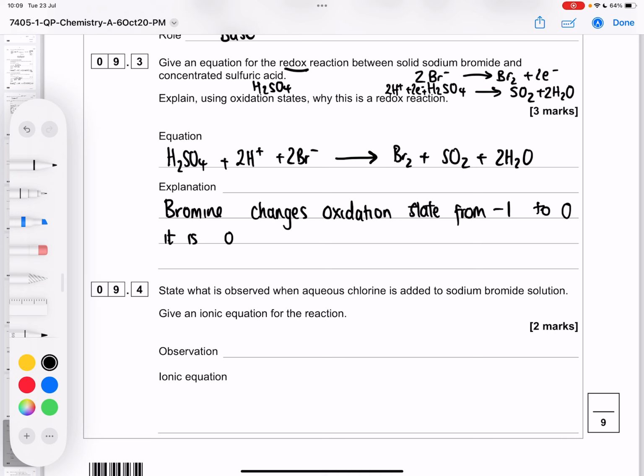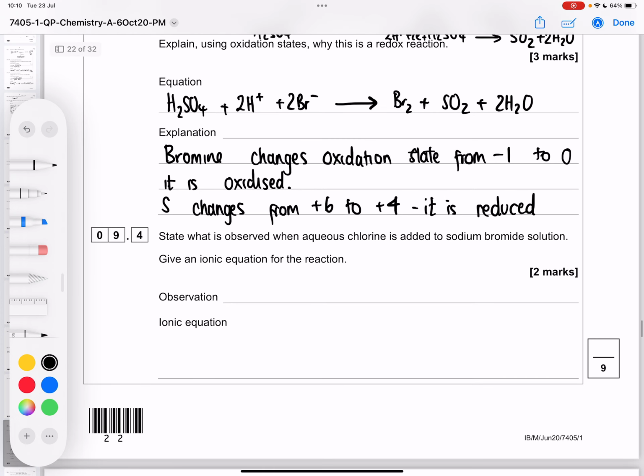It is oxidized. Sulfur changes from +6 in sulfuric acid to +4 in sulfur dioxide. It is reduced. How is it redox? It is reduced, and we've got something reduced and something oxidized.